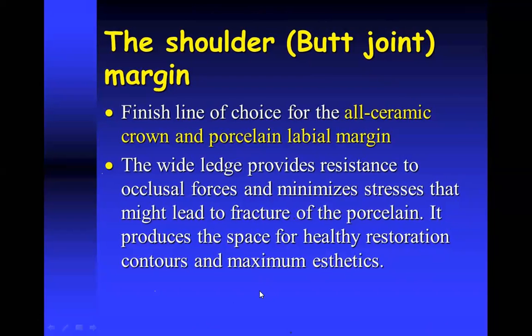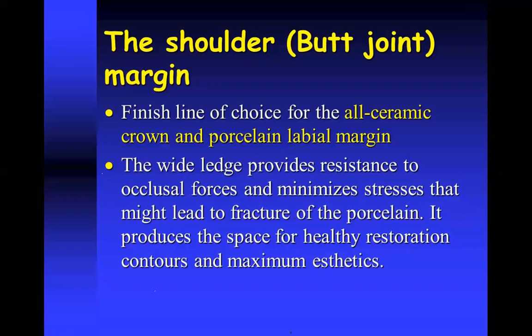So, as we said, when we want to do full ceramic restoration or crown on the tooth, the full ceramic material will be weak, and there is a possibility of fracture.